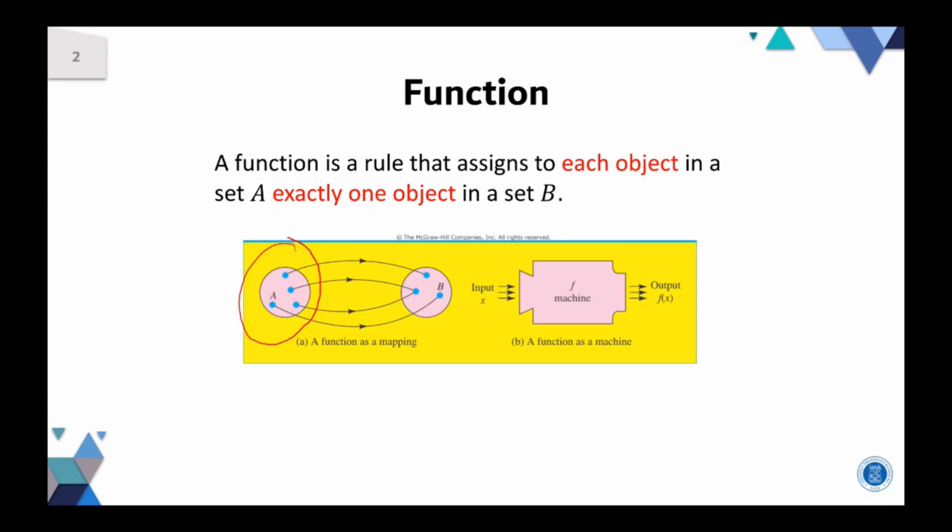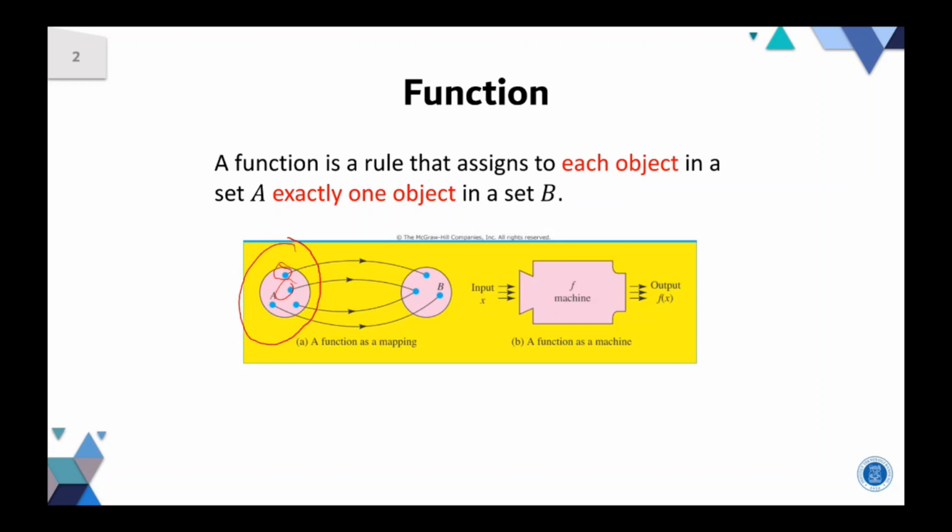Each of the elements in set A is assigned to exactly one. This one also, and you can check the two others are also being assigned to exactly one object in set B.